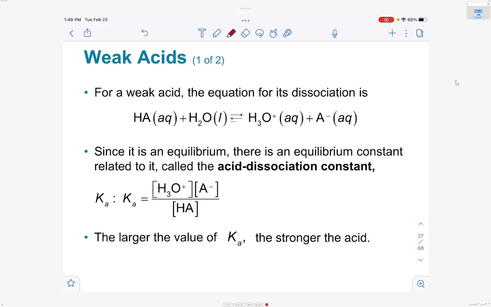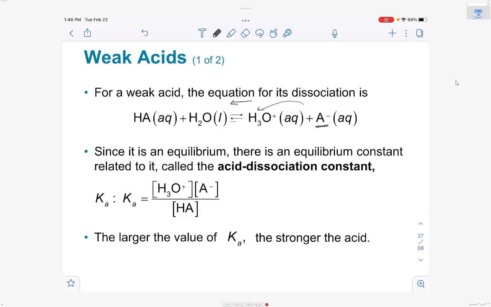So now that we have learned about strong acids and strong bases, we will now move on to learn about weak acids. When weak acids are in water, the conjugate bases are slightly stronger bases than in the strong acid, because they are able to steal protons from the hydronium ion to proceed with the reverse reaction.